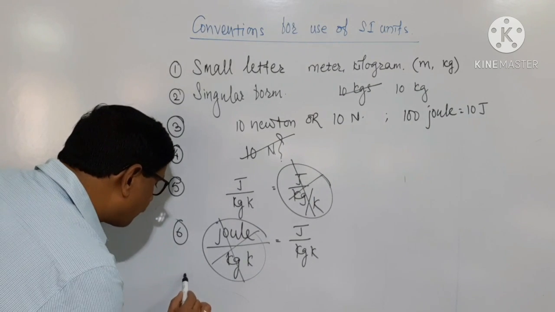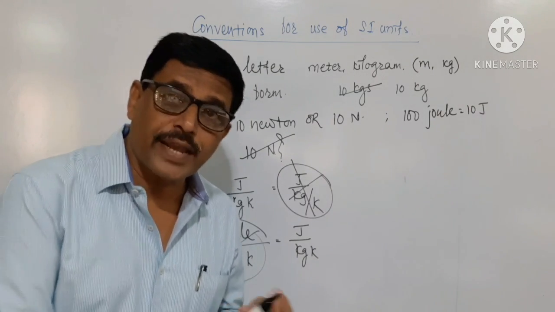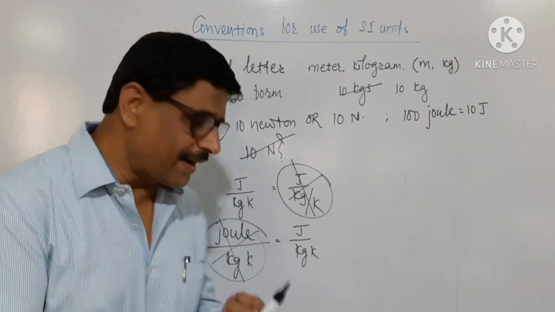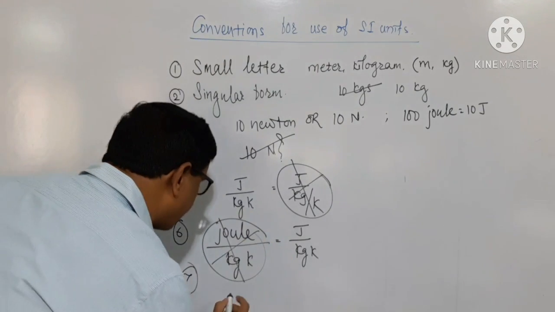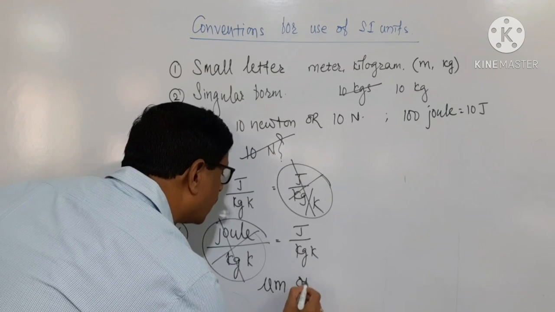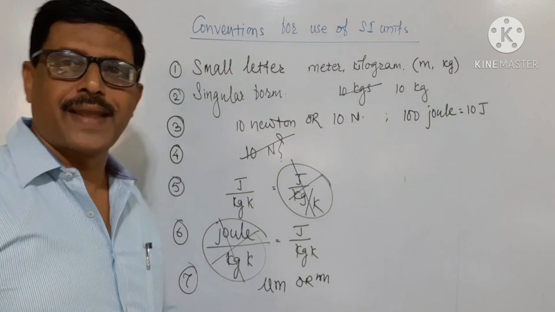The prefix to the unit should be adjoining to the unit. It is earlier to the unit and adjoining to the unit. As an example, you should write micrometer or nanometer. It should be adjoining.